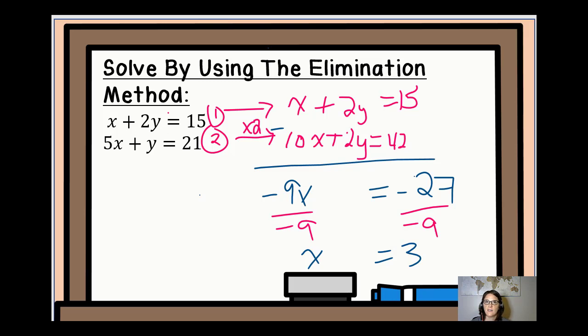So we're halfway done. So now we use the same steps that we used for the substitution method. So we're going to take x equals 3 and we're going to sub it into either equation 1 or 2. So I think looking at the two equations, it would be easier to sub it into equation number 1. But again, you can choose either equation.